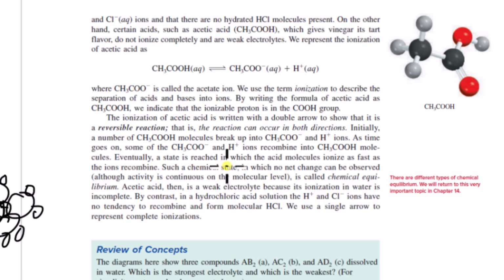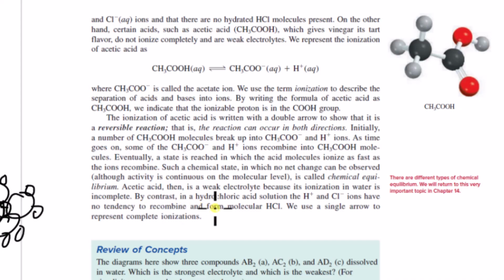Eventually, a state is reached in which the acid molecules ionize as fast as the ions recombine. Such a chemical state, in which no net change can be observed, although activity is continuous on the molecular level, is called chemical equilibrium. Acetic acid, then, is a weak electrolyte because its ionization in water is incomplete.